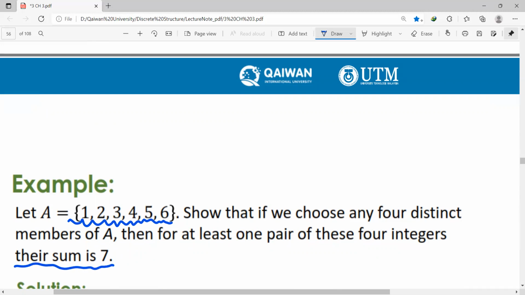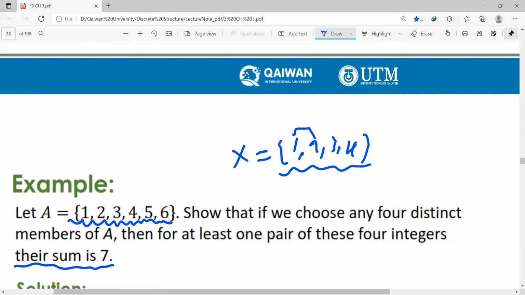Let's pick any 4 from set A. Let's say X is 1, 2, 3, 4. We choose these 4 elements. Someone else may choose another 4 elements from set A. It says here we have at least a pair of the elements such that their sum is 7.